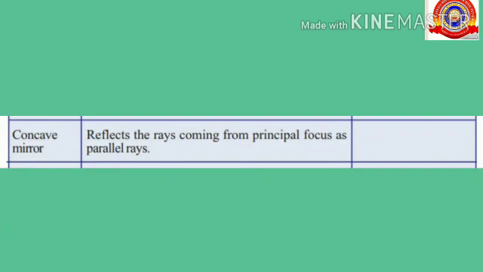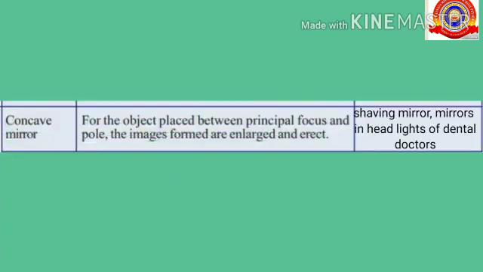And the next one, if the object is placed between the principal focus and pole of the concave mirror, the image formed is enlarged and erect, and these mirrors are used as shaving mirrors, mirrors in headlights of dental doctors, etc. So these are some of the situations making use of plane mirrors and spherical mirrors, and students, try to find out more examples like this.